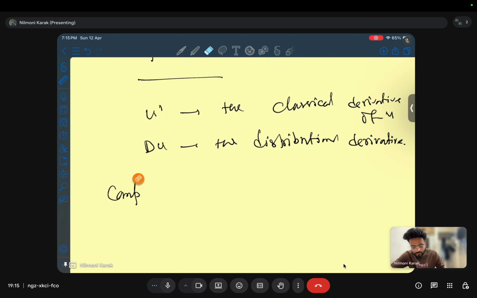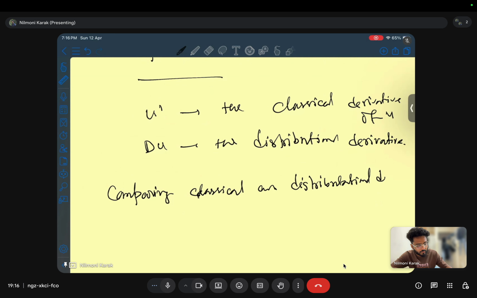Comparing the classical and distributional derivative.